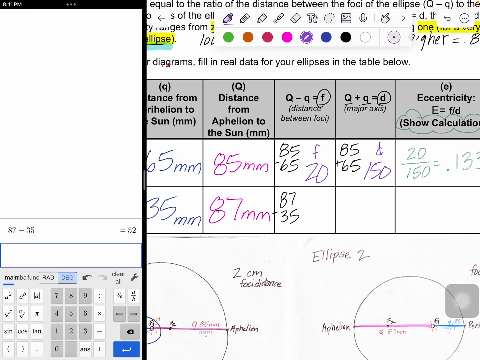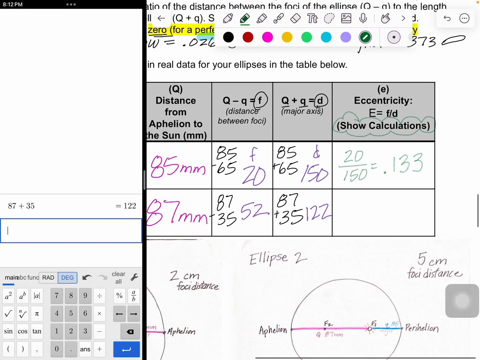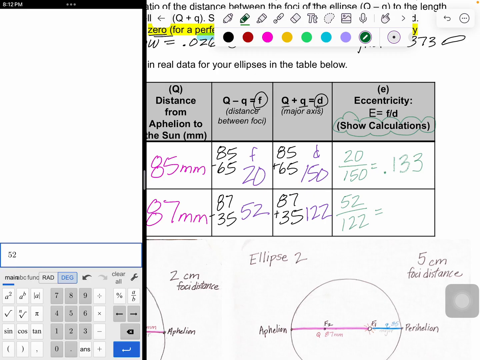So go ahead, find your numbers. Again, those two values that you get are your F and your D. And there is my final. Again, I'm going to those 3 decimals.